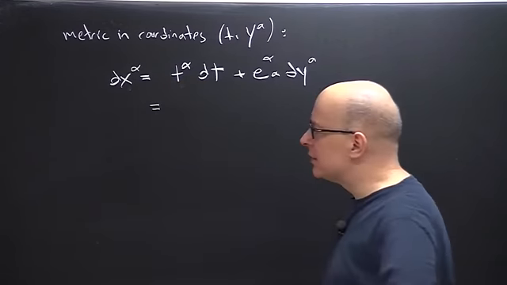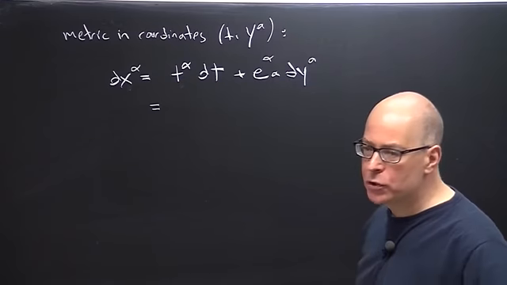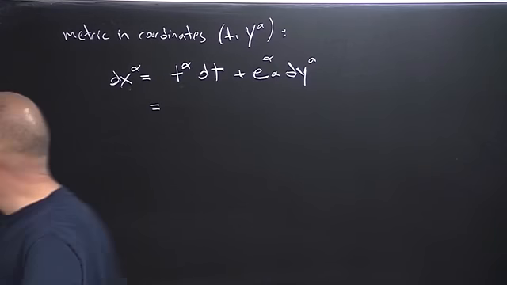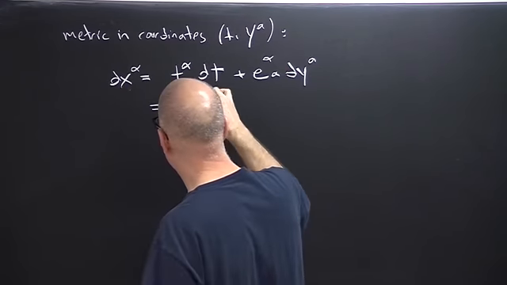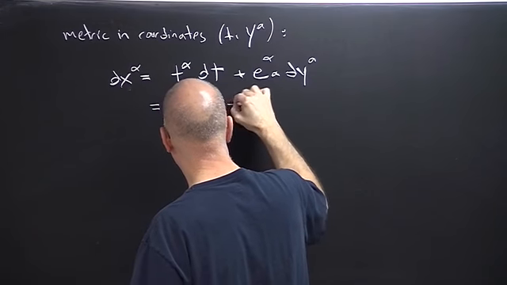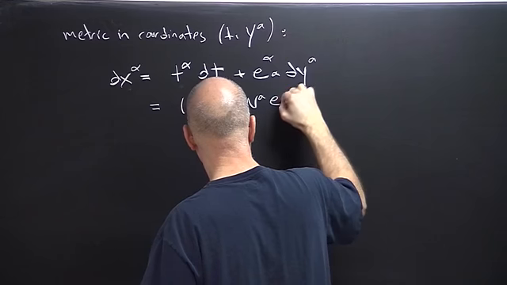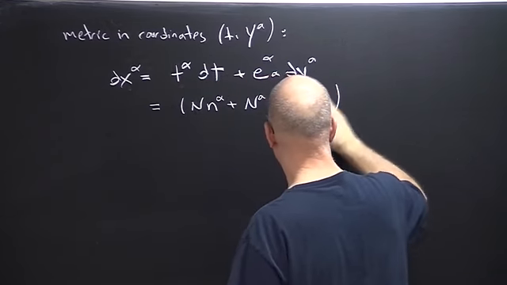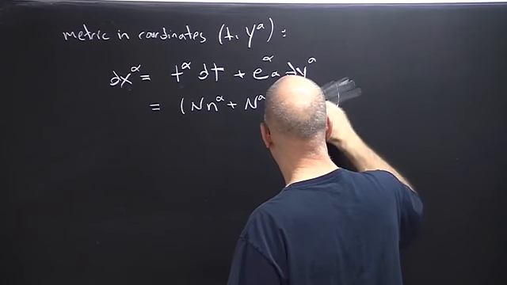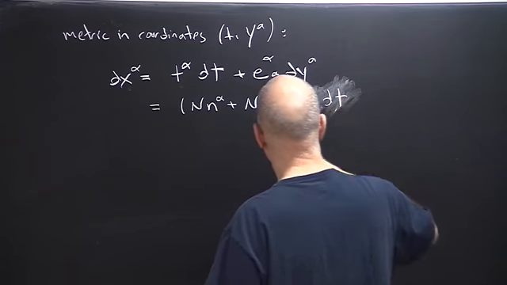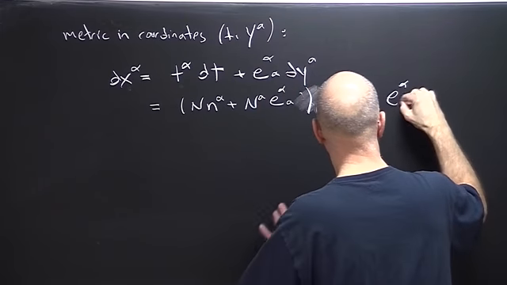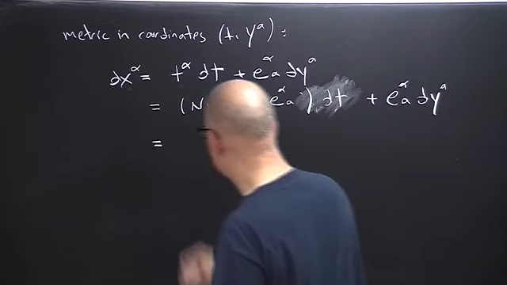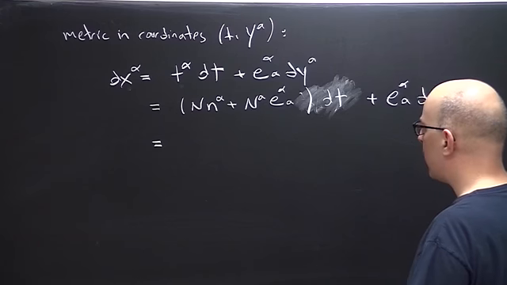The other thing I can do at this stage is to break this down in terms of normal and tangential components. I can just plug this into this equation. So T alpha can be expressed as n n alpha plus the shift times the shift, and I multiply this by dt, and then I have the next term. And I can basically separate the normal from the tangential component.